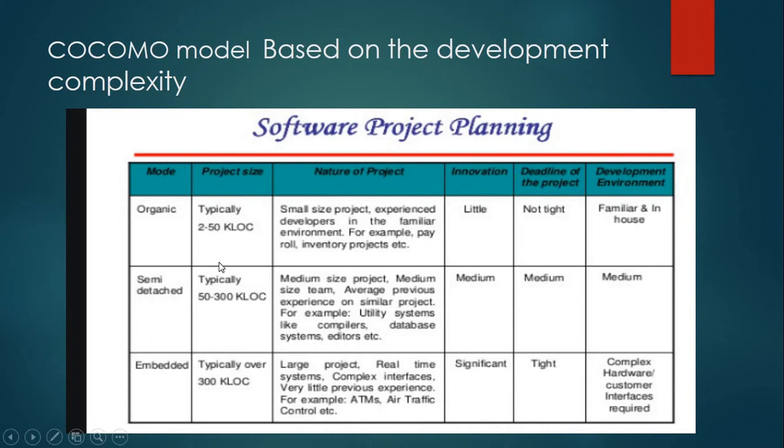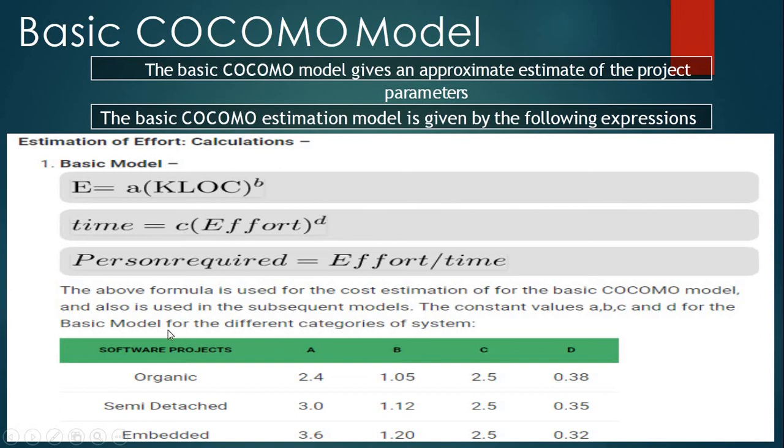So first of all we have to identify which type our software comes under. After getting the type of our project, we have these calculation formulas. To estimate effort, we use A into KLOC raised to B, where A and B are constants from this table.